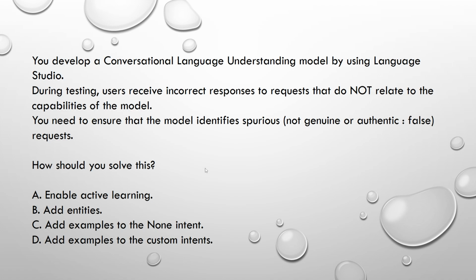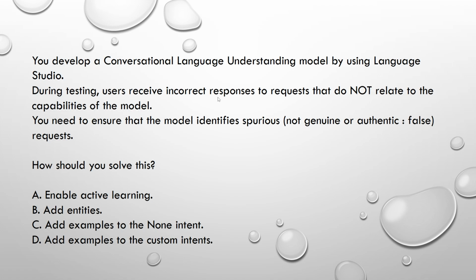So for example, I have a model to book flight tickets. So I train the model with that intent. So for any user input which includes book ticket, the model should be able to respond accordingly. But if the user asks, buy a book for me, it is not related to the capability of the model.